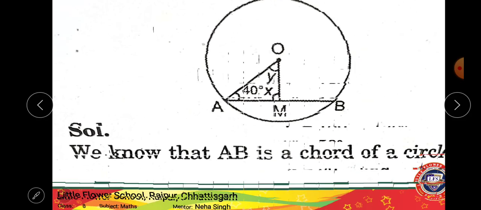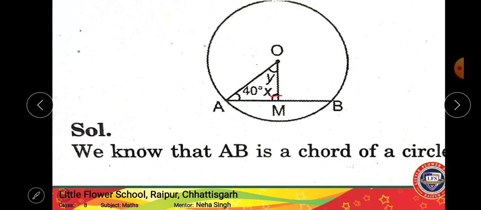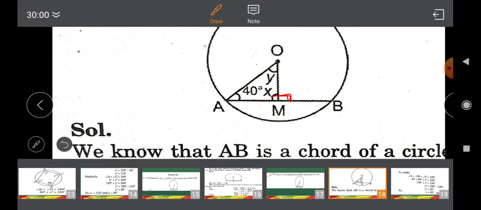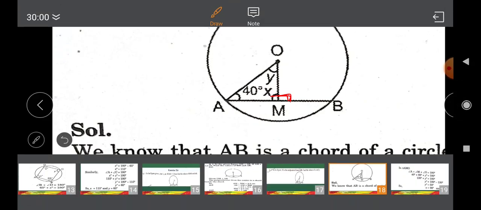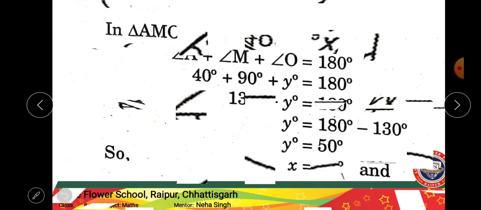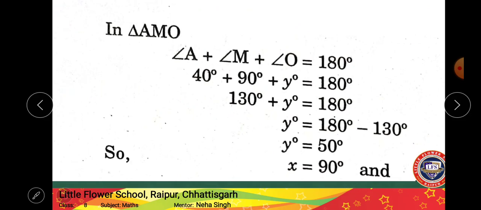Angle M, how have I written 90 degree? Because OM is the line through the center to the chord, which will bisect the chord. We have written this statement in the first question, right? So the value of M we have written as 90 degree.